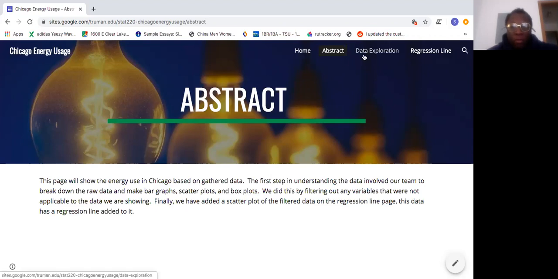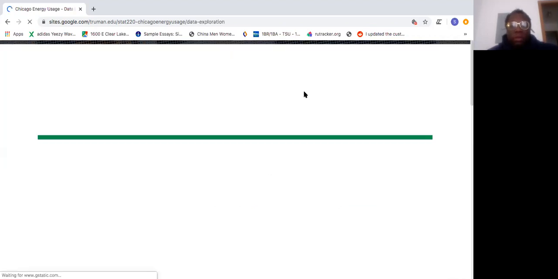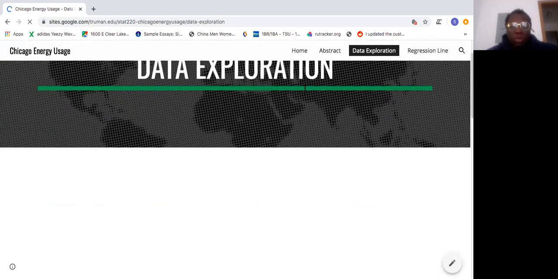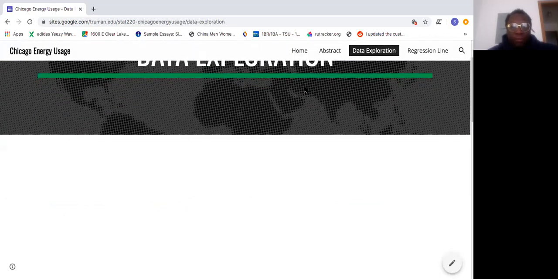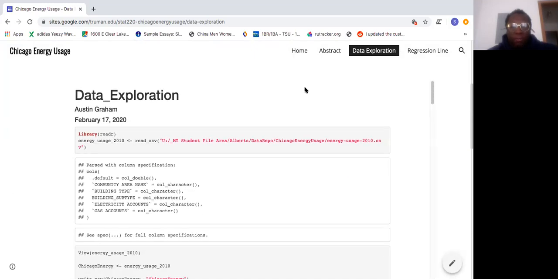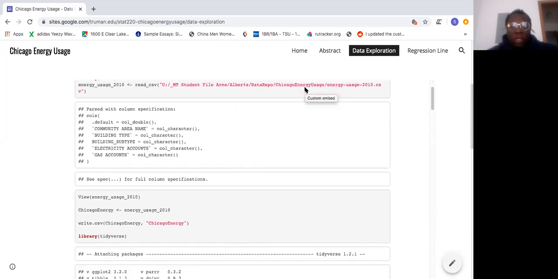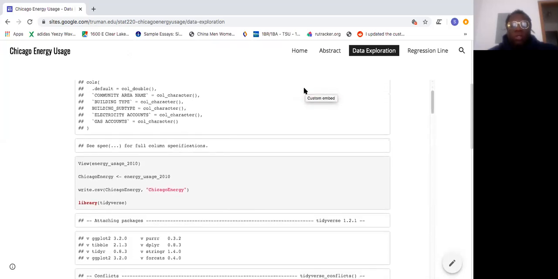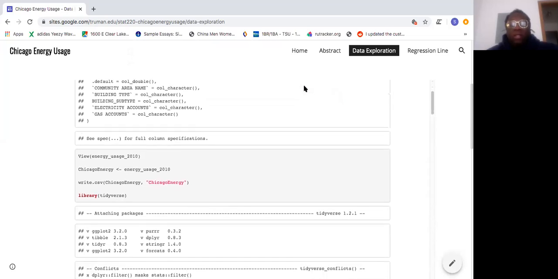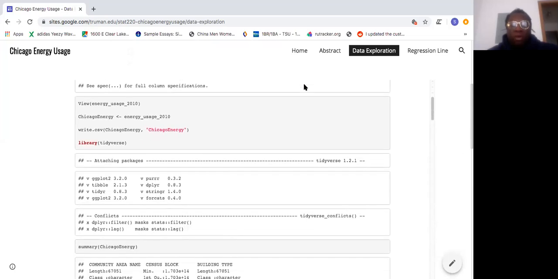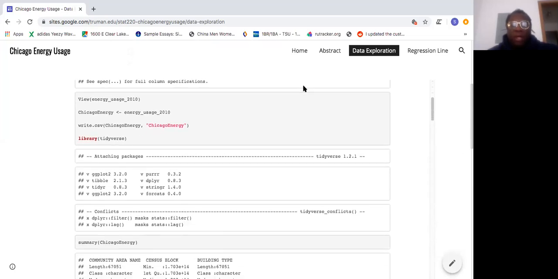So I give you the data exploration. During this view, we have the breakdown of the data, which gives us Chicago Energy. We used RStudio to deliver the findings. The packages that we used were the tidyverse package and dplyr.